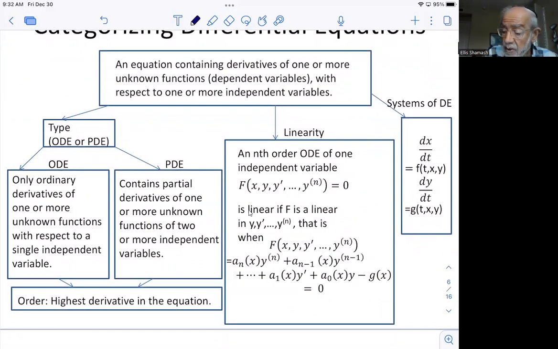An ordinary differential equation only has derivatives of one or more unknown functions, like we had there, the unknown functions being the number who are infected and vaccinated, and the number who are infected and not vaccinated, as a function of a single independent variable. We took the independent variable here as time. And I could have partial differential equations, where I have partial derivatives, and that is a topic beyond this first course in differential equations.